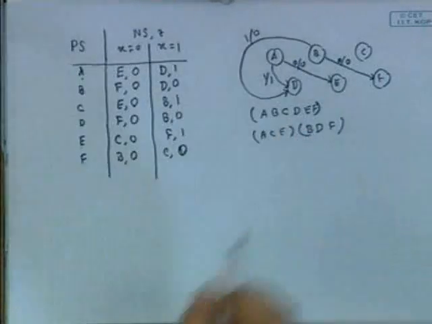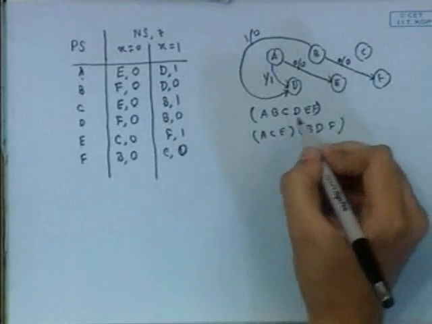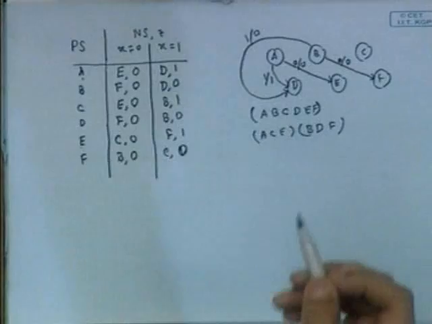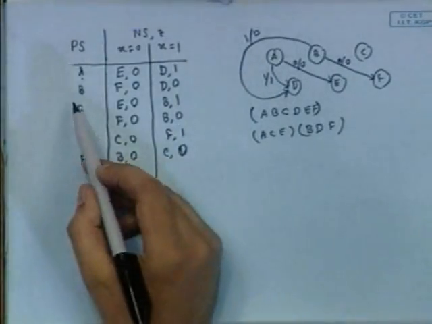First we assume that all of the states are equivalent, so we make a single partition of A, B, C, D, E, F. Now we apply a one-bit input and see which of the states give different outputs. So this is the one-distinguishable step.